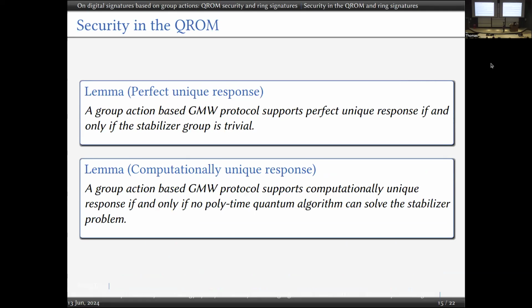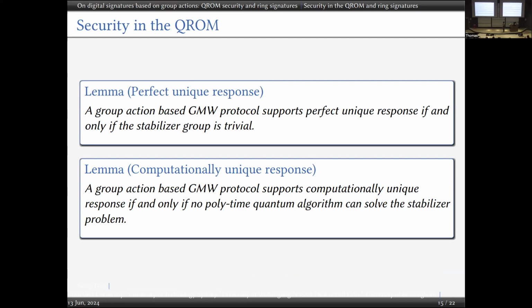Okay, so let's discuss how a group action satisfies perfect unique response and computational unique response. For the first one, we need the group action, and here I assume we start with a fixed set element.